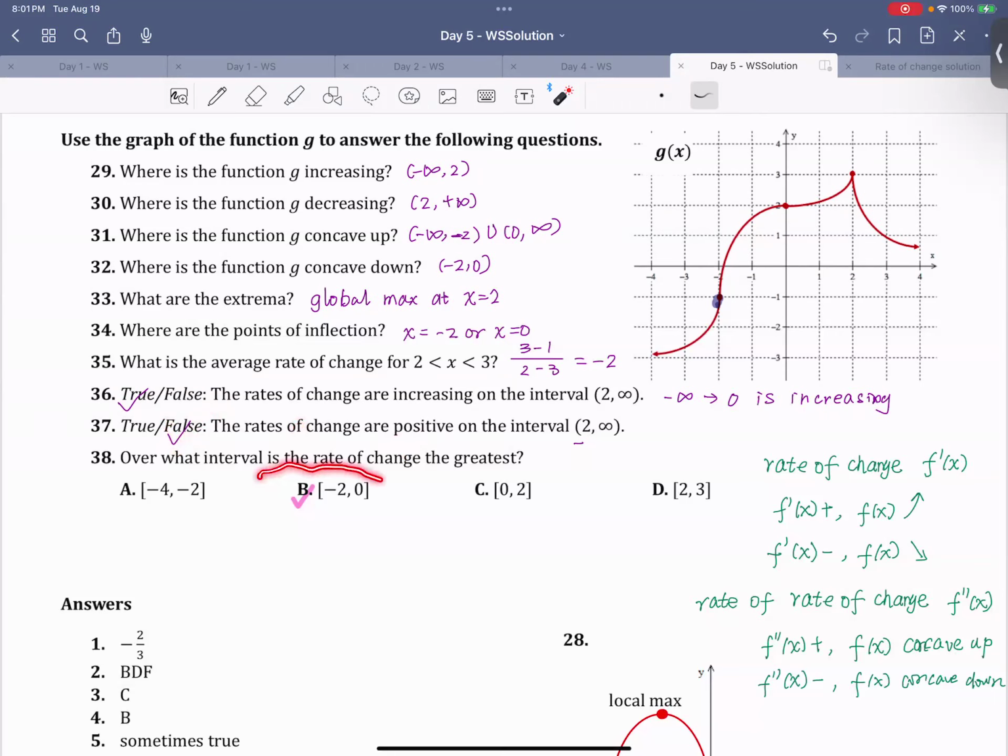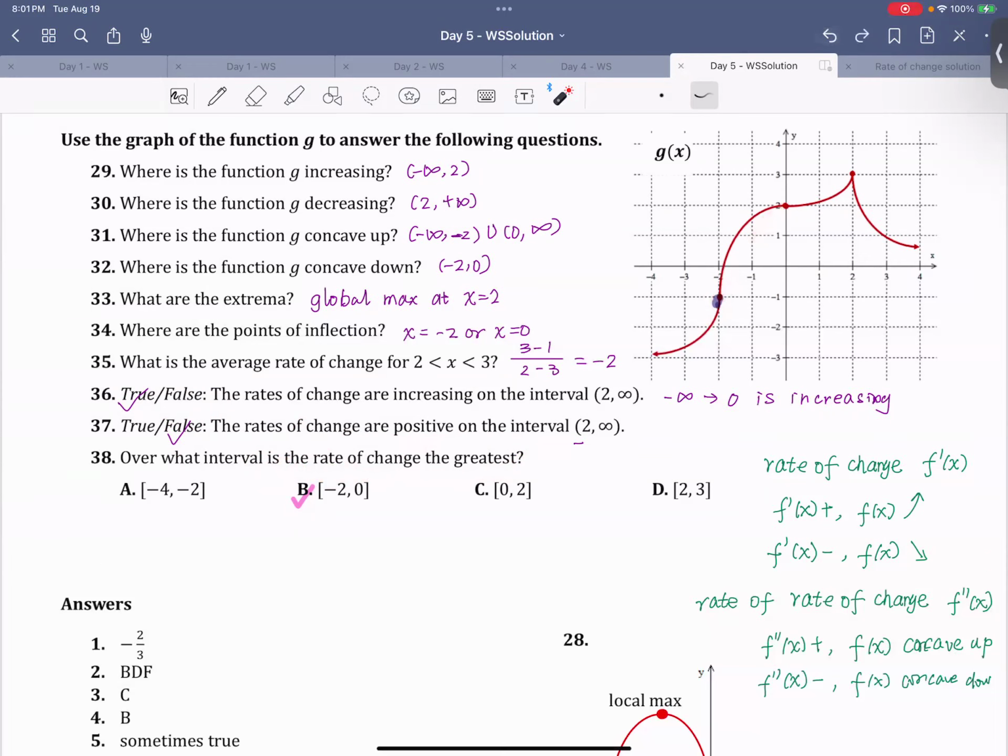Next one, last question, 38. What interval is the rate of change the greatest? You can see here, this is -2 to 0.